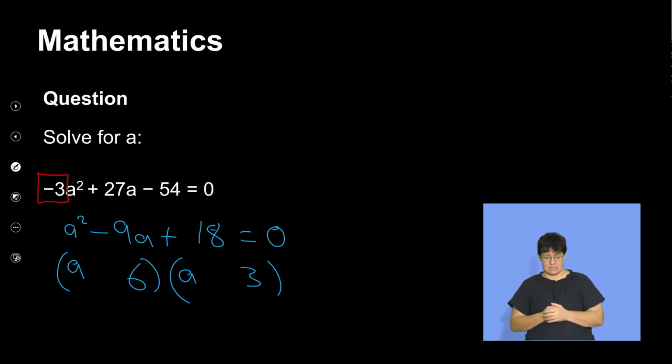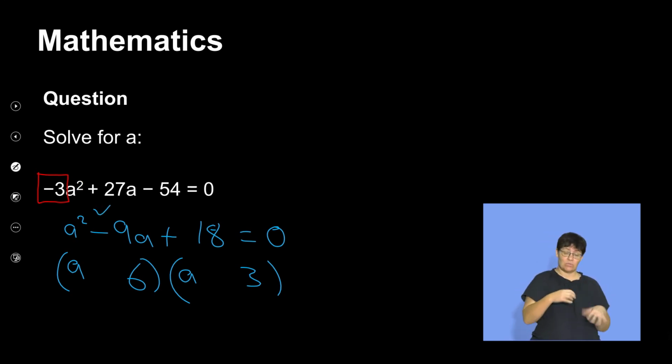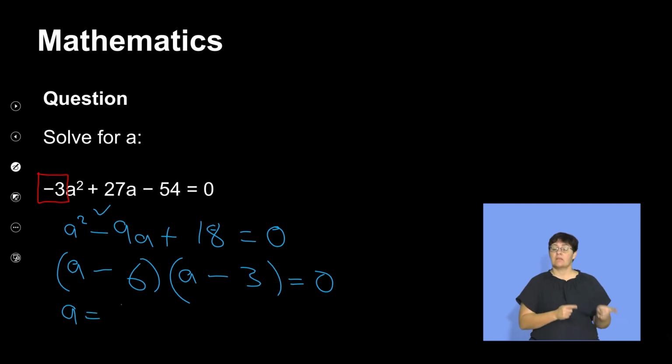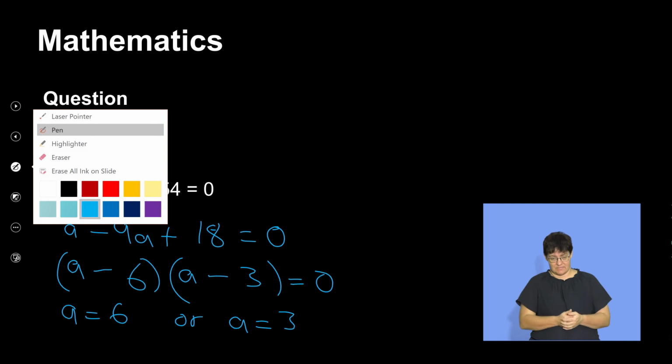Remember what tells us which one to choose is the middle term. It becomes minus and minus equal to 0. Then a will be equal to 6, or a will be equal to positive 3. And that will be my 2 solutions. Even here, if you were to substitute them back there, I promise you it will give you the left-hand side equal to the right-hand side.